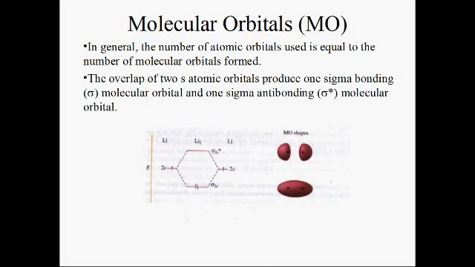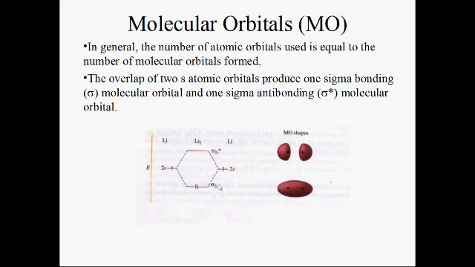So this is an example of how we can get molecular orbitals from atomic orbitals. So we're doing a linear combination of atomic orbitals. So if we blend together two s atomic orbitals, we're going to create a lower energy bonding orbital and a higher energy anti-bonding orbital.